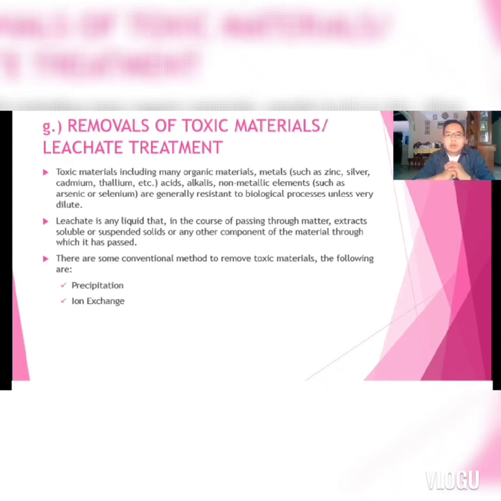Commonly used matrices for ion exchange are synthetic organic ion exchange resins. The disadvantage of this method is that it cannot handle concentrated metal solution as the matrix gets easily fouled by organics and other solids in the wastewater. Moreover, ion exchange is non-selective and is highly sensitive to the pH of the solution.